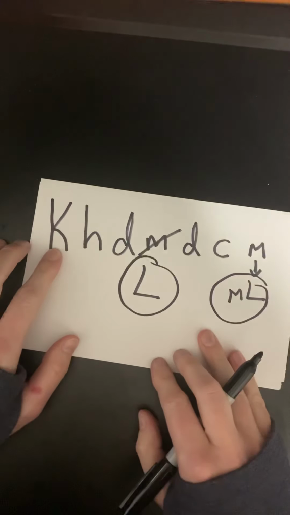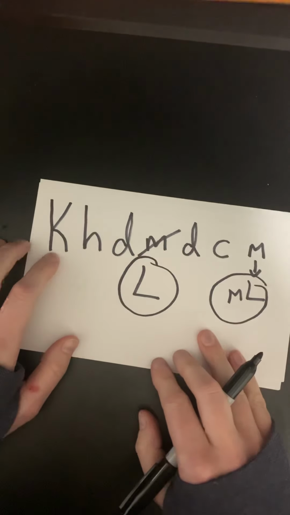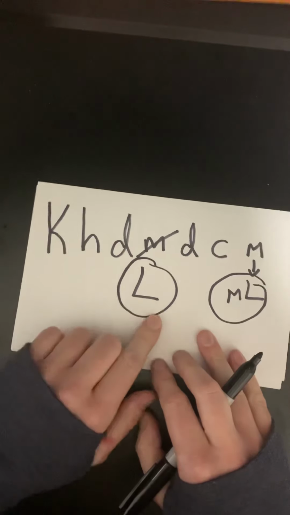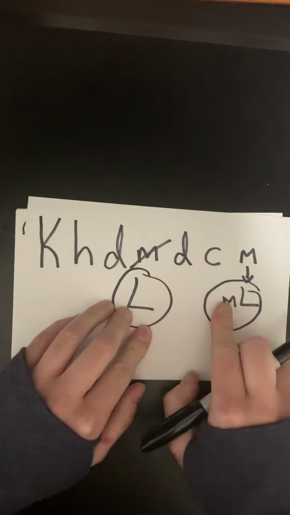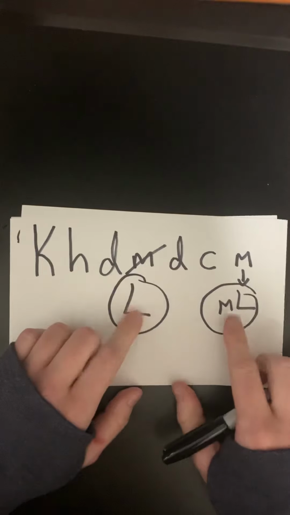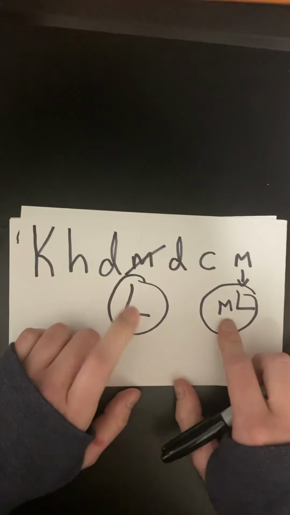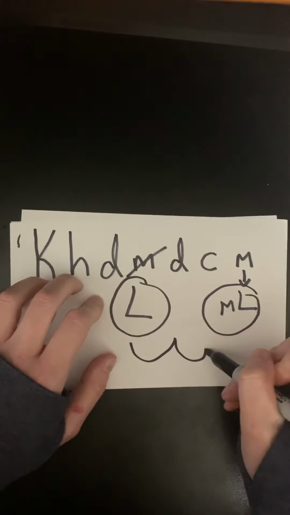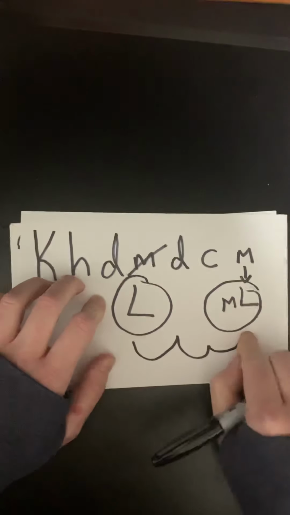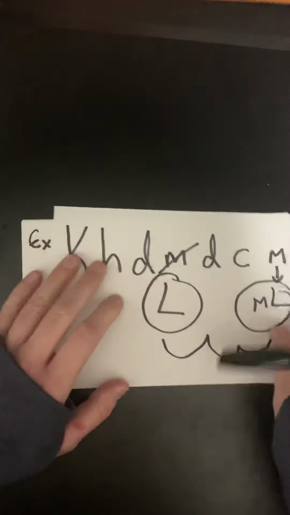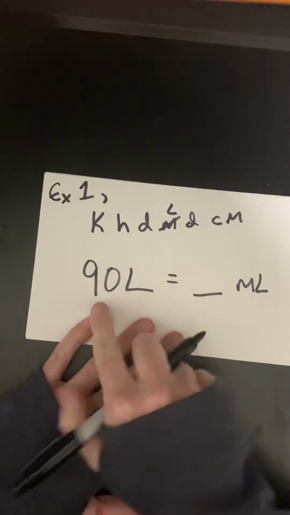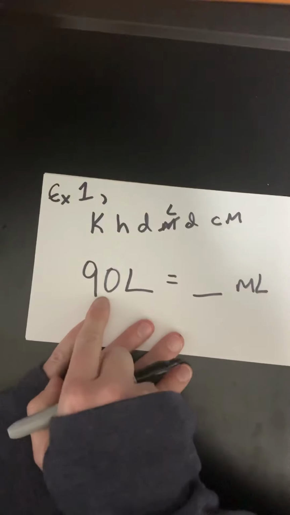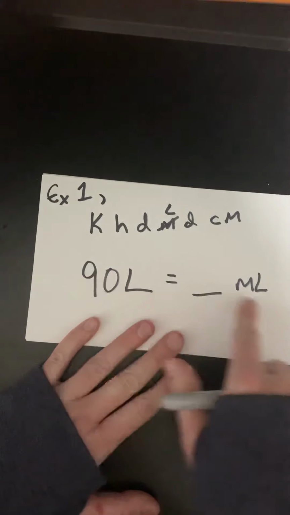Don't forget, this is actually kiloliters, hectoliters, decaliters, liters, deciliters, centiliters, and milliliters. But the only ones we care about are the liters and milliliters. So we're only going to jump 3 spots, either to the right or to the left, for this particular unit.